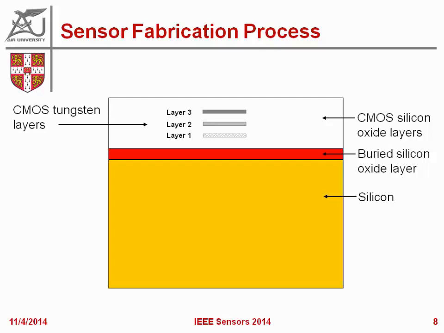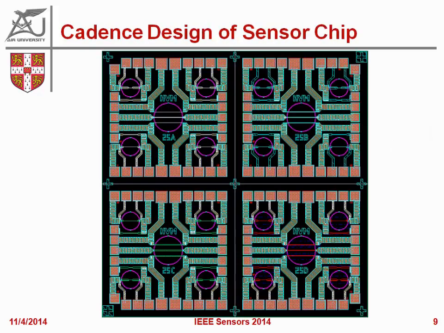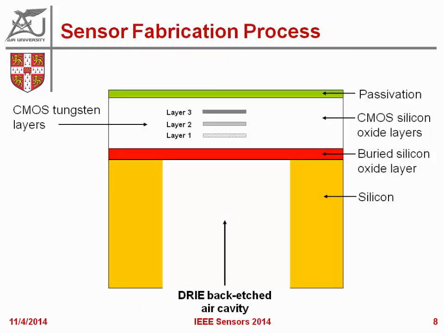We have 3 layers of metal, and we use them cleverly to create the hot film sensors within, and finally we passivate to avoid oxidation of the films. And at the end of the CMOS process, in a single post-CMOS process, we get this cavity etch. It's a deep reactive back etch air cavity.